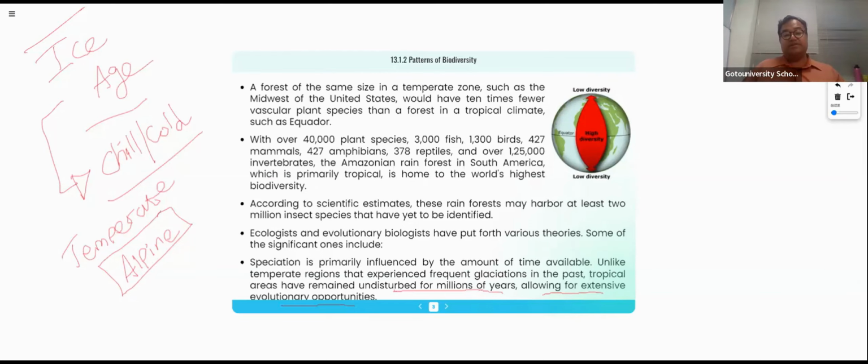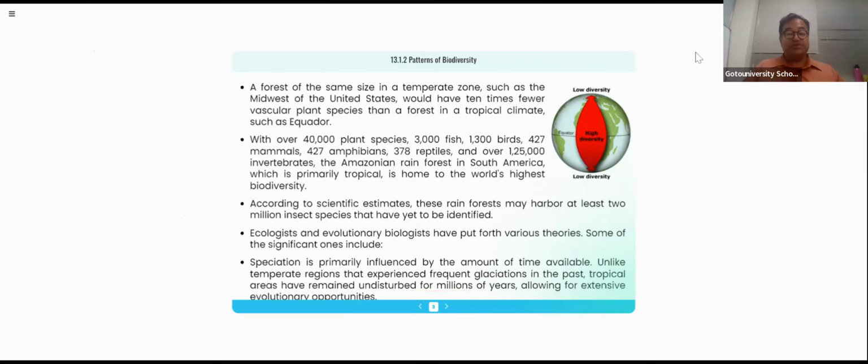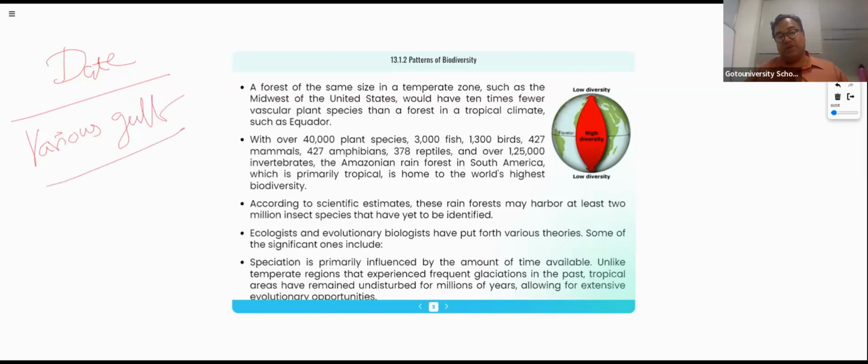If the area is not having glaciation or maximum variation, of course, the species will develop a lot of variations, right? We gave the dates as a very good example in the last class. The dates of various sizes and shapes we are observing in various Gulf countries. So various Gulf countries are having various sizes and shapes of dates, right?